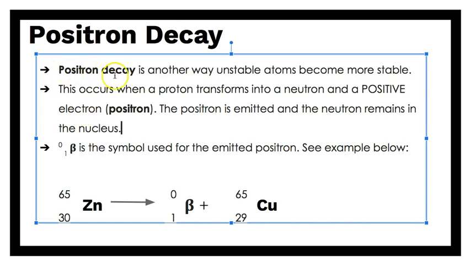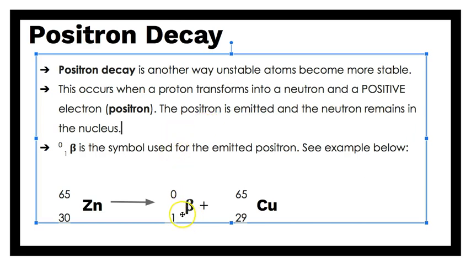So here it says positron decay is another way to become stable. This occurs when a proton transforms itself into a neutron and a positive electron, which is really weird. This positive electron is a positron. Okay, like electron, but positron, positive. So this positron is emitted while the neutron that also forms stays in the nucleus.